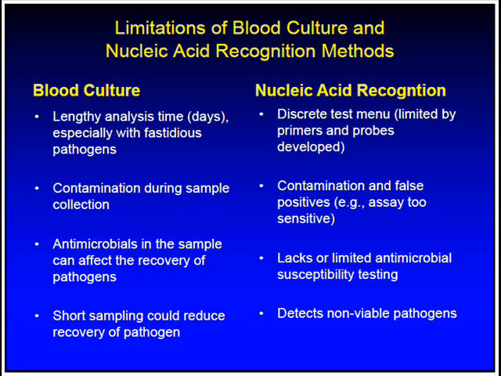On the other hand, with nucleic acid recognition methods, one of the key limitations is its discrete test menu. The ability to detect the target pathogen is limited by the quality of your primer and probe designs.